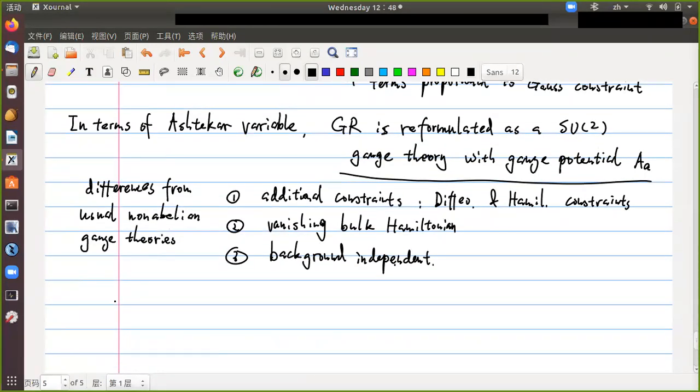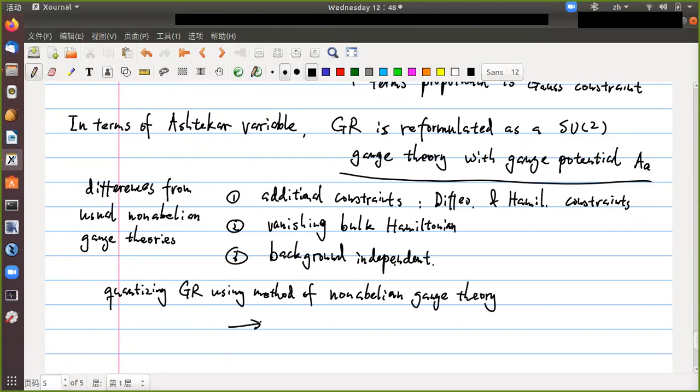So quantizing GR using the methods of non-abelian gauge theory, and the result is what we call loop quantum gravity, or in short, LQG.